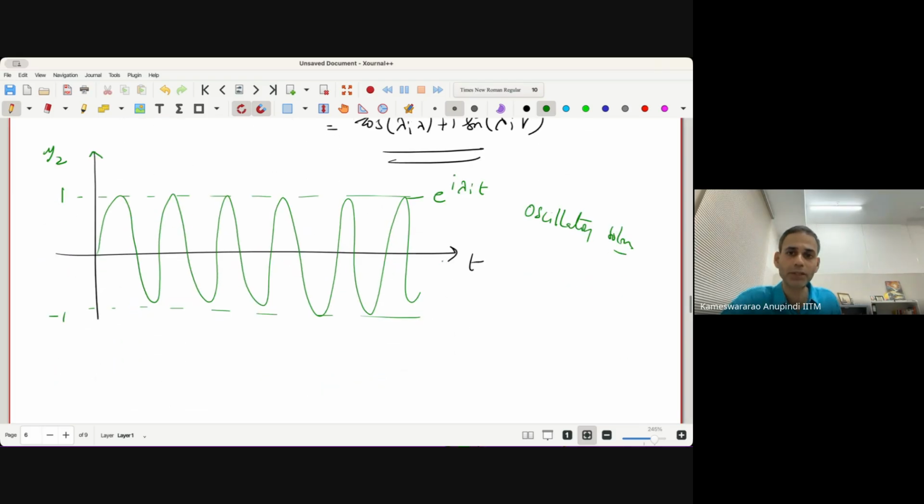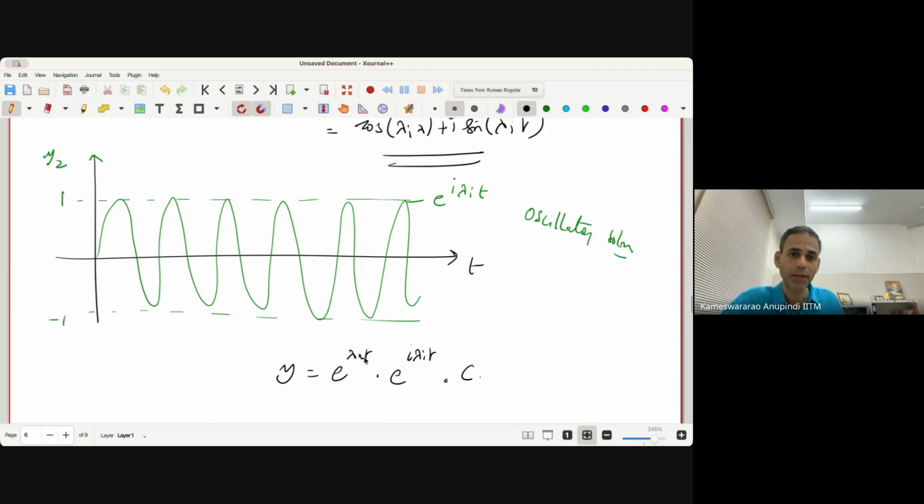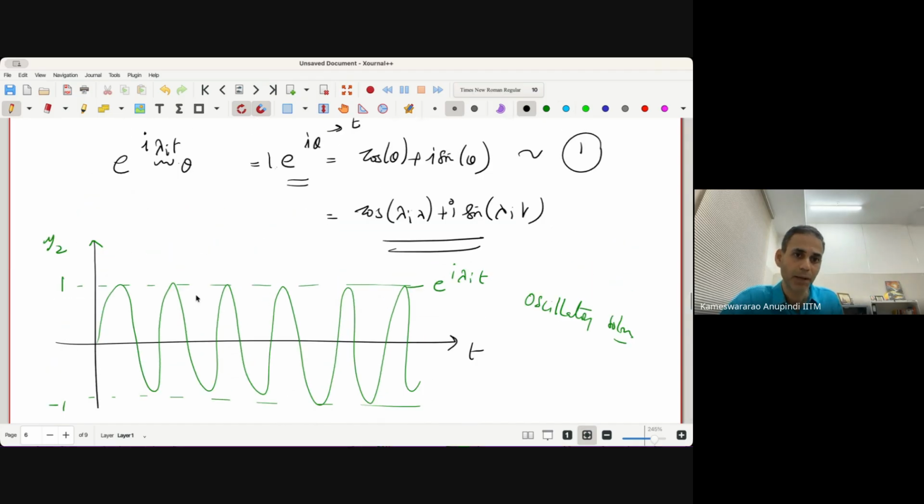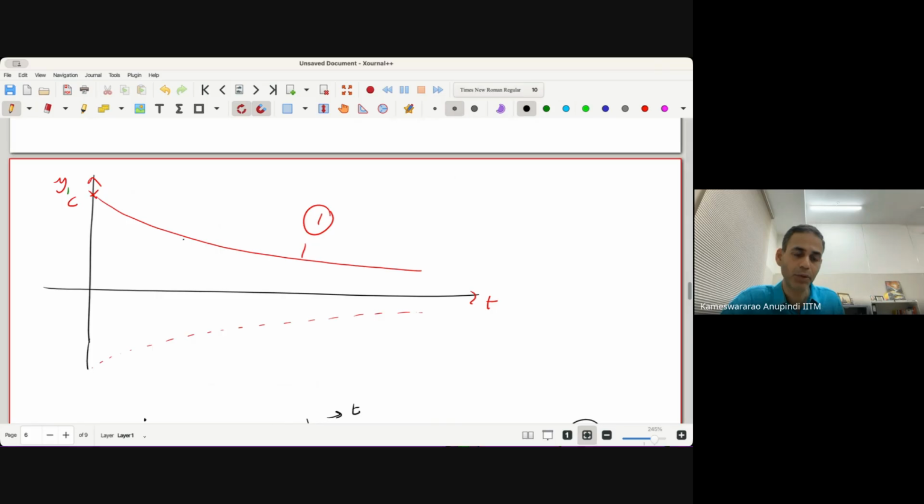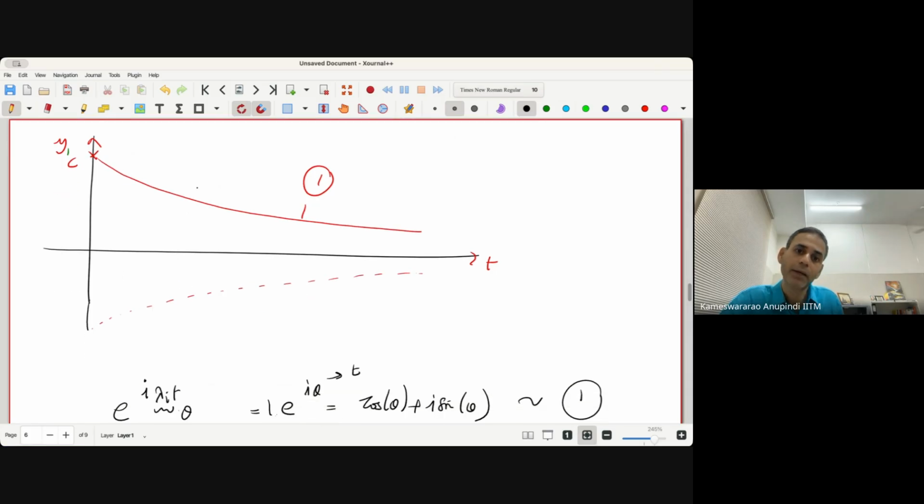Now, if you consider a solution that is a product of these two, that means e to the power lambda_r t times e to the power i lambda_i t times some constant C, that is the full solution we are obtaining. Then this is being multiplied with this amplitude, right? That means the amplitude is now decaying with time.